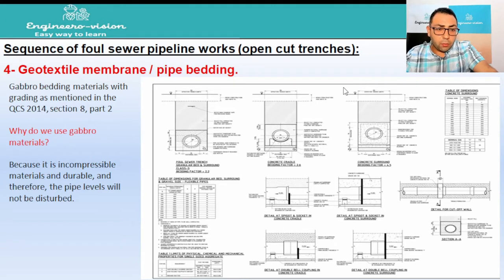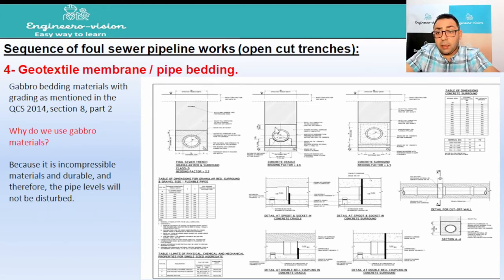Also, one more thing I'd like to add is the material which we use as a bedding material, gabbro material. Gabbro material, we use it because it's an incompressible and durable material, so the pipe levels will not be disturbed.